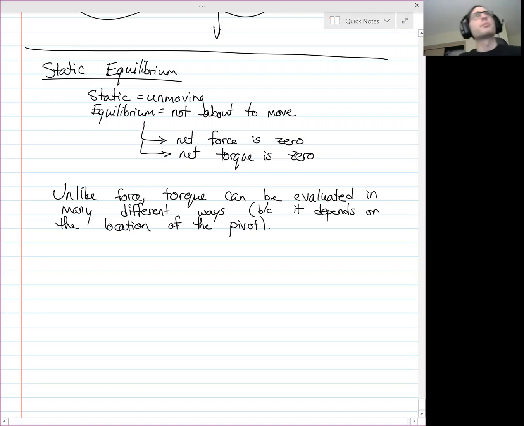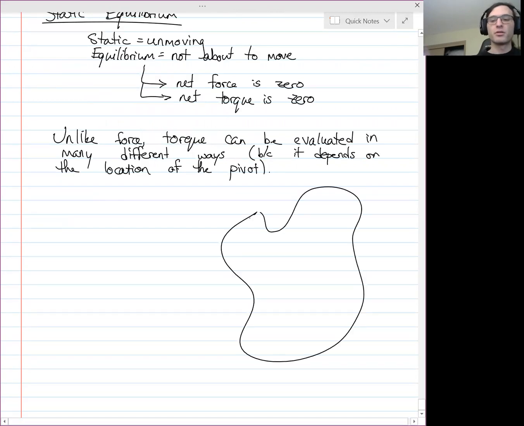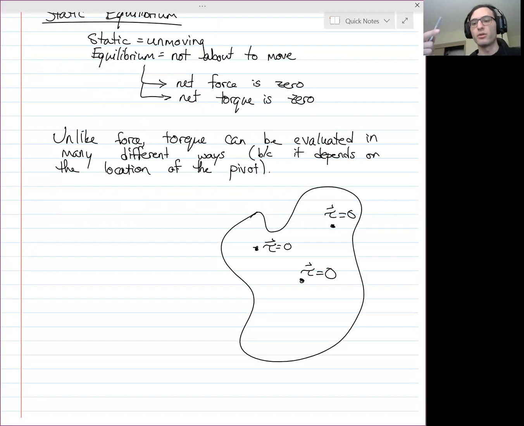One thing to keep in mind is that if you just have some arbitrary object, if the torque about this point is 0, and the torque about this point is 0, and the torque about, I don't know, this point is 0, well, if the object's just not rotating, then the torque about any point is 0.